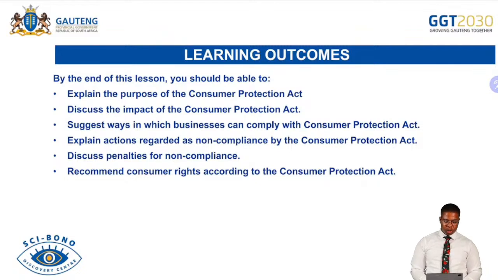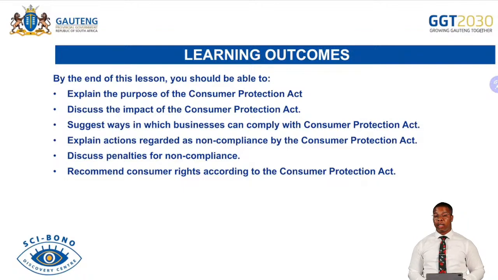Now, we'll also look into recommending consumer rights according to the Consumer Protection Act. We should understand by the end of this lesson that the consumer rights in terms of the National Credit Act will not be similar to consumer rights in terms of the Consumer Protection Act.